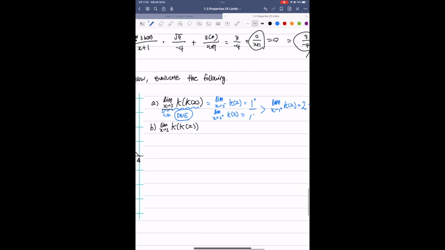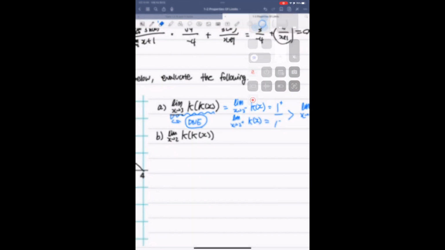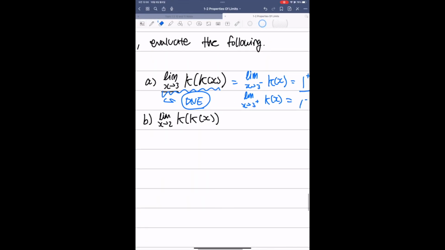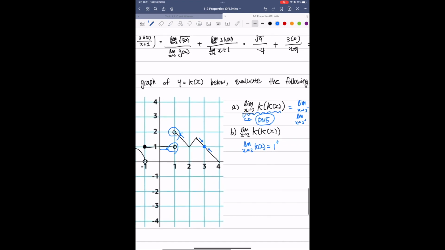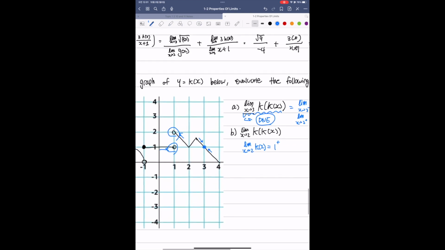B. So, again by the composition rule, we can say that the limit as x goes towards 2 of the function equals 1 plus. We can find this in the graph again by linking it here.